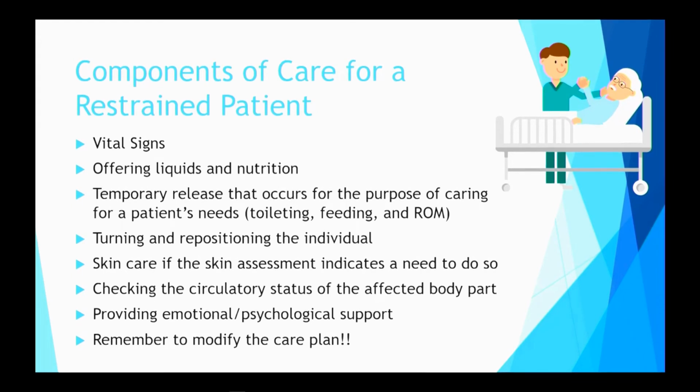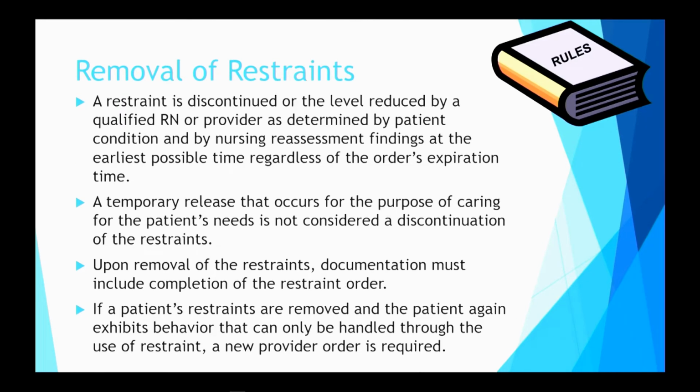Skin care if the skin assessment indicates that they need care. Checking the circulatory status of the affected body part. Providing emotional, psychological support. And remember to modify the care plan. When somebody is put in restraints, it's necessary to modify the plan of care for that patient.